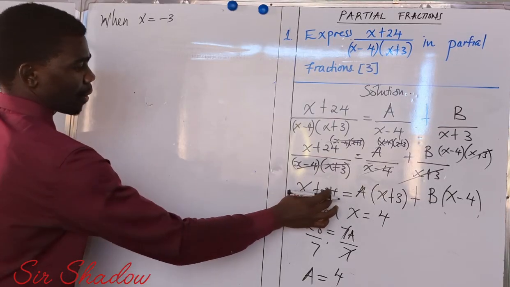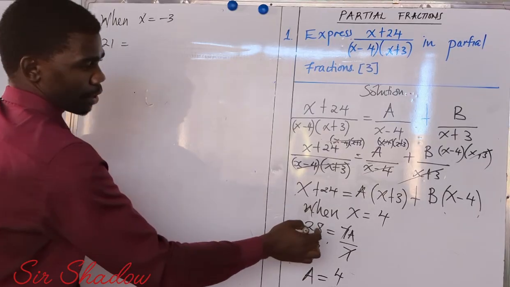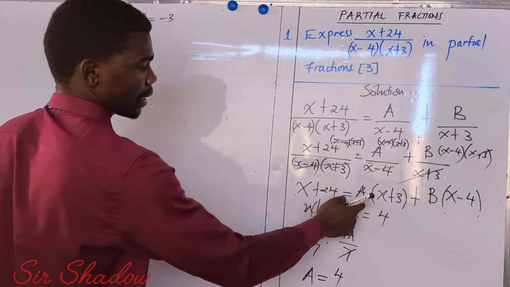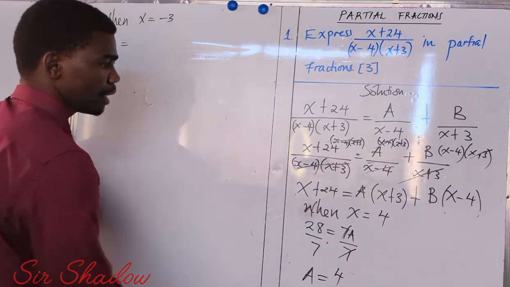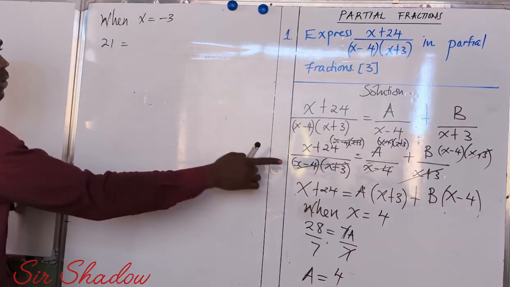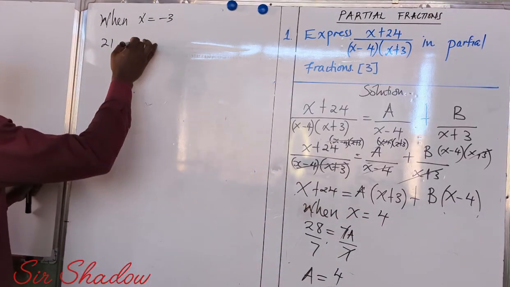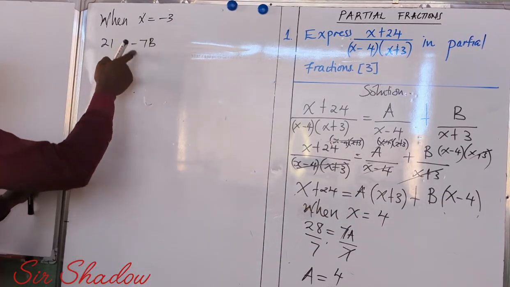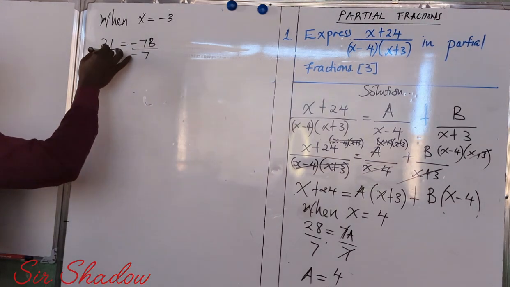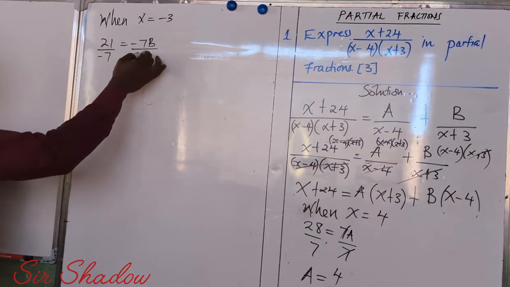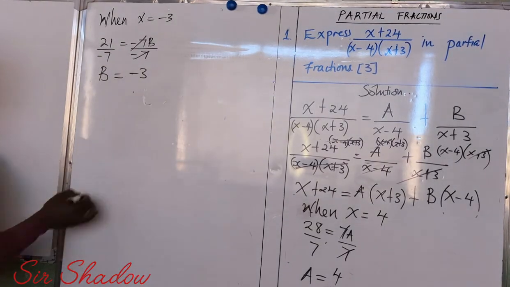So minus 3 plus 24, I get 21, is equal to, then from there minus 3 plus 3 gets 0. This one becomes eliminated. Then for b, I have minus 3 minus 4, I get minus 7, minus 7b. So for me to find the value of b here, I have to divide by negative 7, the coefficient of b. So b equals negative 3.